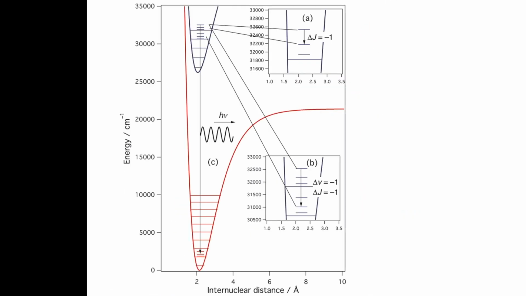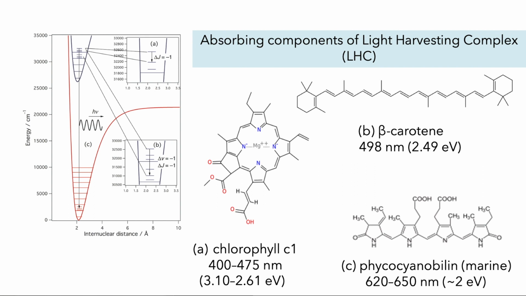So we know that if we have a strong absorber of light, once we get up to the excited electronic state, if we have an isolated molecule, that strong absorber will also be a strong fluorescer, and we would lose, through radiative decay, the energy of the photon. So how can we get around that?